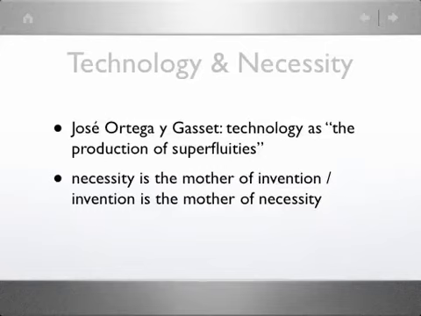We as humans need something, and that motivates the invention of something to fulfill the need we have. That idea has long been thought to be behind the process of invention: that things are invented at the point in human history when a need is felt for them.